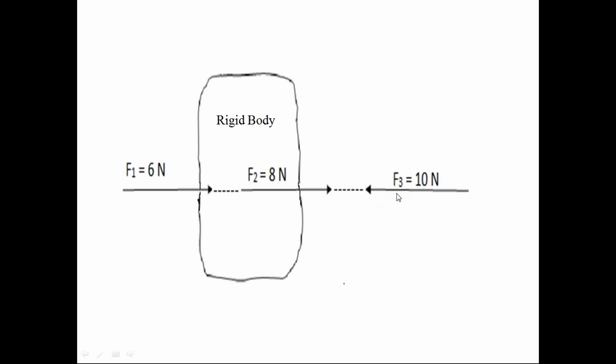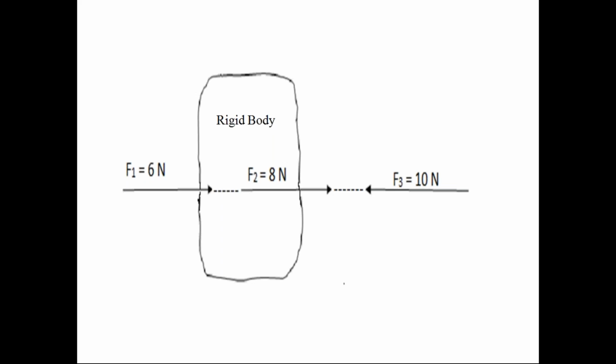Yesterday I discussed with you one practical example of this collinear force system, the tug of war game. In the tug of war game, a group of persons on one side pulls the thread in one direction, and the other group on the other side pulls the thread in the opposite direction.